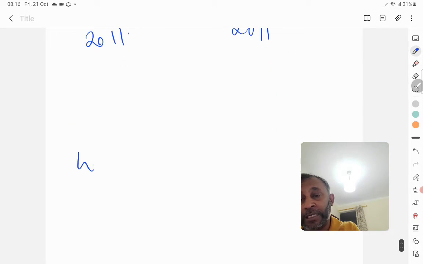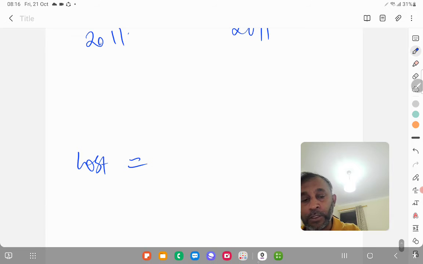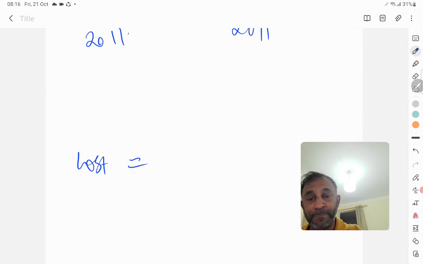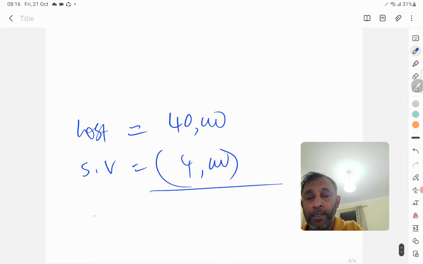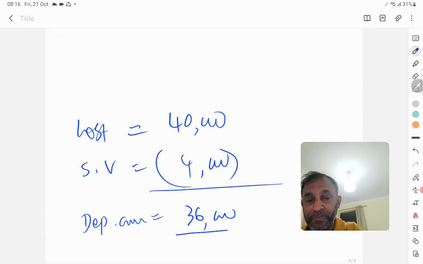And the cost of the plant is how much? 40,000. And the scrap value is 4,000. Accordingly, the depreciable amount is 36,000.